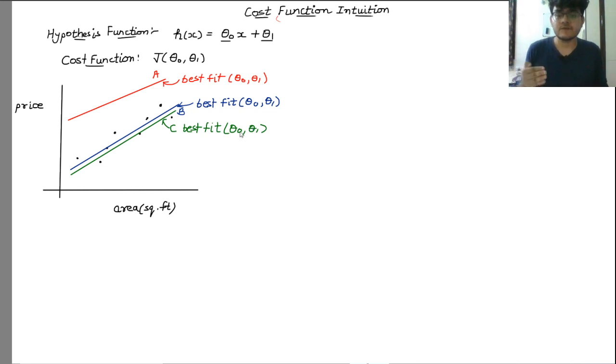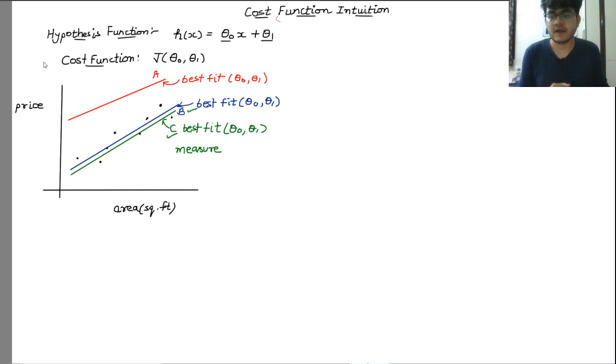You can choose theta 0 and theta 1 as anything, and you will be able to obtain any line on this graph. So now, which is better? Is B the best fit for our data set or C? In this case, we are not able to determine that. So we need some metric or some measure to find out which one is better.